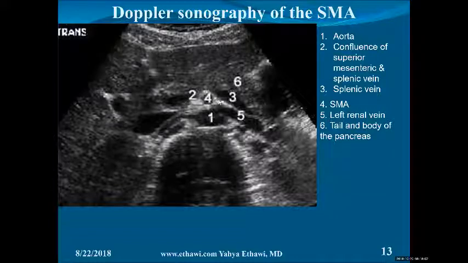You can see also the splenic vein, and you can see the veins are always oblique and not circular. And then you can see the superior mesenteric artery. On either side, you can see the left renal vein or left renal artery. Okay? And you can see here is the spleen, the pancreas. And you can see here is the vertebrae. Okay.